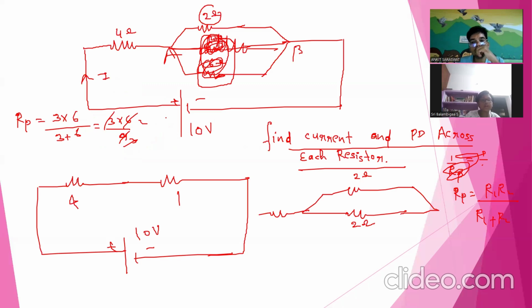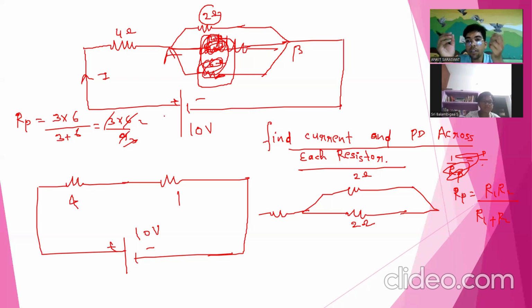Sir, we did like this so that it would be single, right, sir? I just find the equivalent of 3 and 6 by using the formula 1 upon Rp is equal to 1 upon R1 plus 1 upon R2. If you apply the formula also, you will get the same. Now leaving these 2 points, junction A and B, you just remove the individual resistors. Our main objective is to find the equivalent resistance.